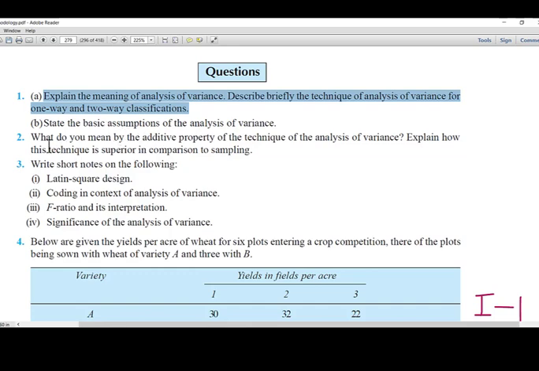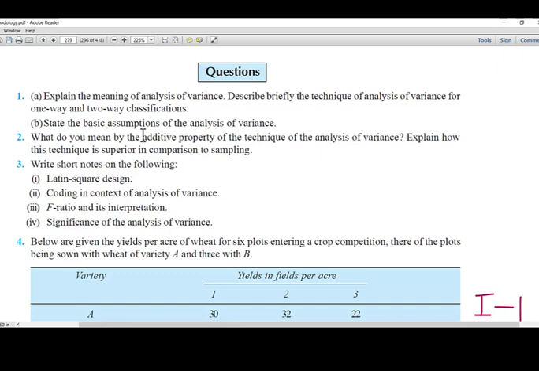Then the next question is, what do you mean by the additive property of the technique of analysis of variance? And explain how this technique is superior in comparison to sampling. These all can be explained. Here, for the additive property of the technique of ANOVA, we have already seen that SS for total variance is equal to SS between plus SS within.